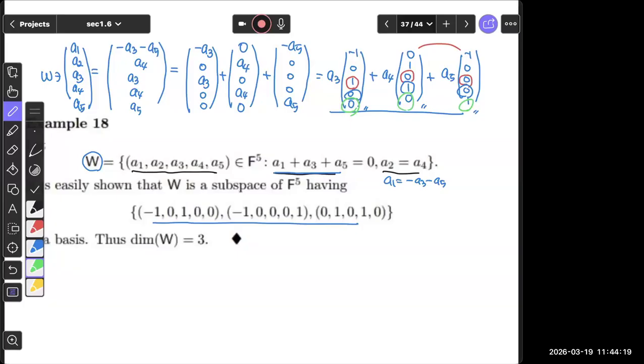So the third vector cannot be represented as a linear combination of the first two. So no vector can be written as a linear combination of the other two, meaning these three vectors are linearly independent, which means this set is a basis, and the number of vectors in this basis is 3, so W is a three-dimensional space.